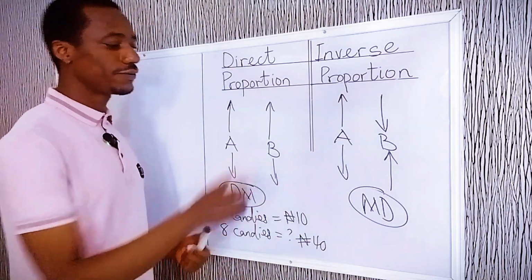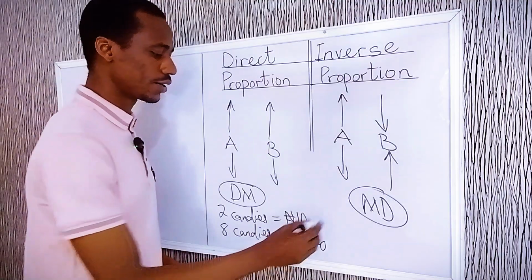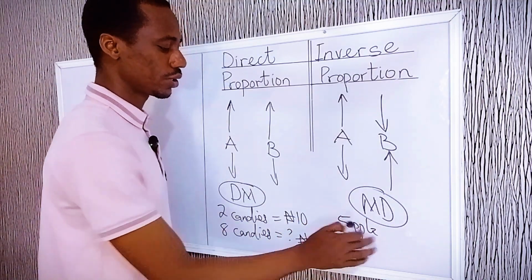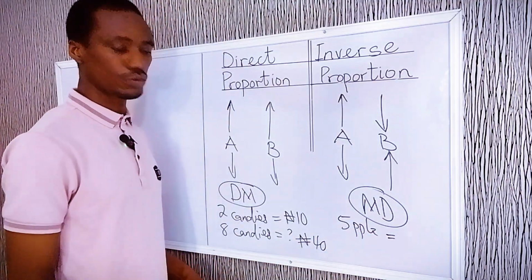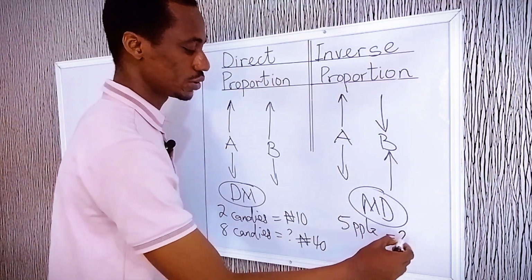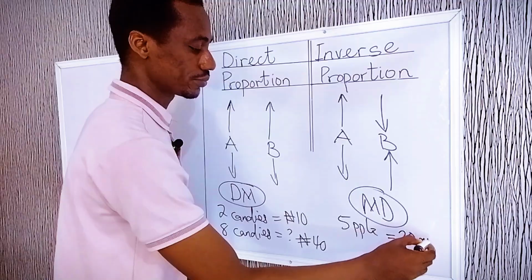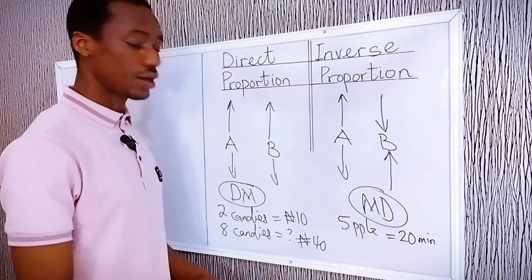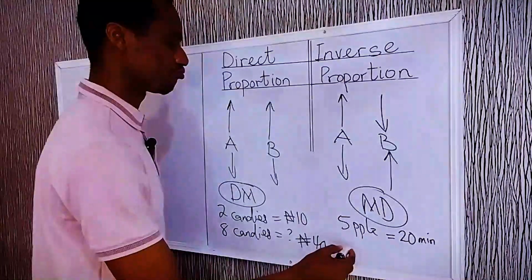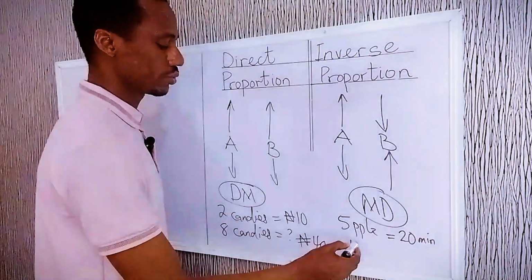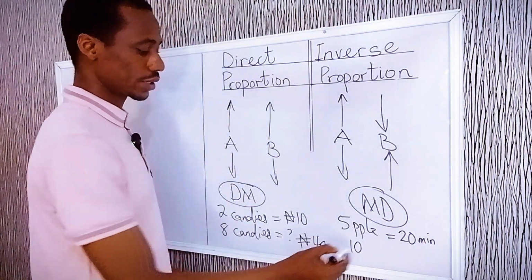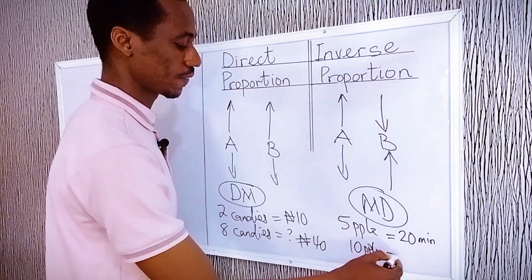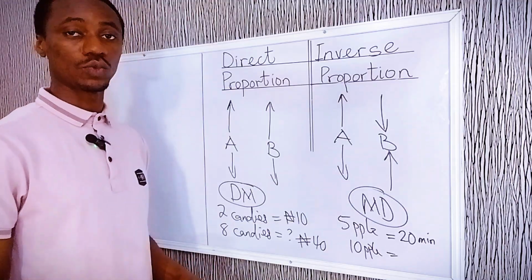And then for inverse proportion, MD: 5 people can do a piece of work in, let's say, 20 minutes. And then we want to check how long it will take 10 people to do the same work working at the same rate.